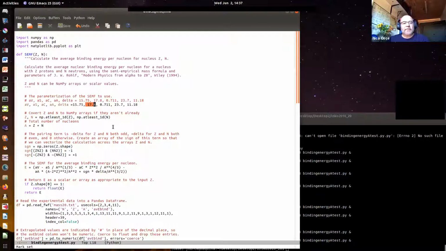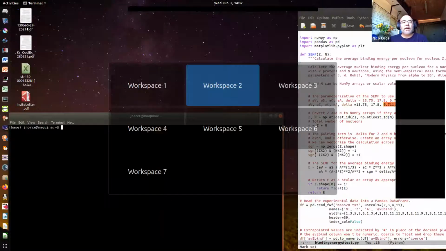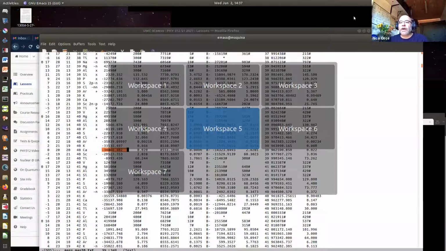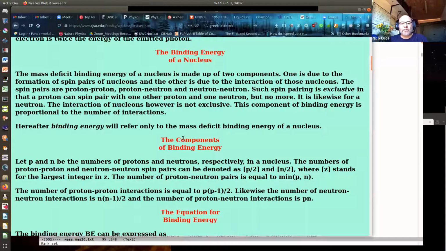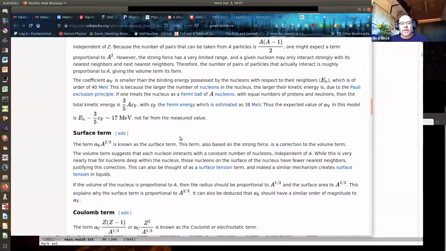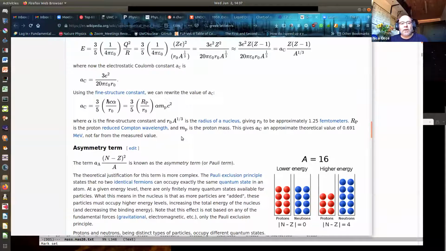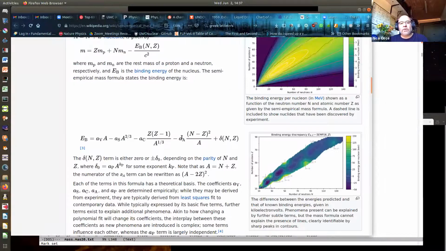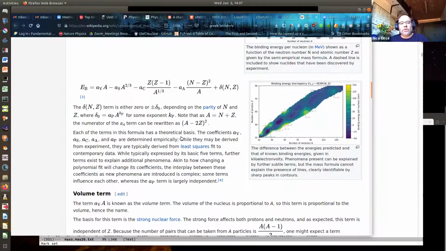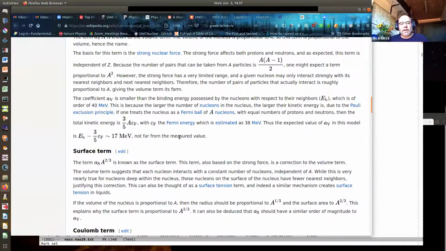That changed a little bit, but basically 0.711. We can also go to Wikipedia, and you will have different sets of parameters there. Let me see, where are they? Probably there's a little table at the bottom.